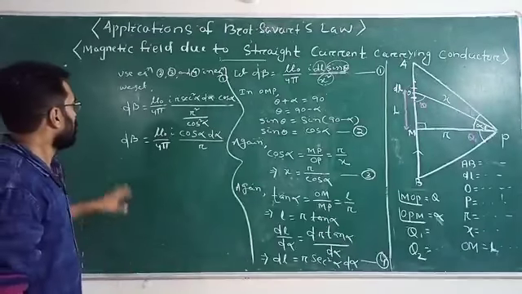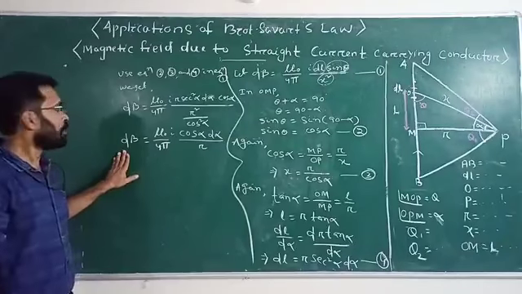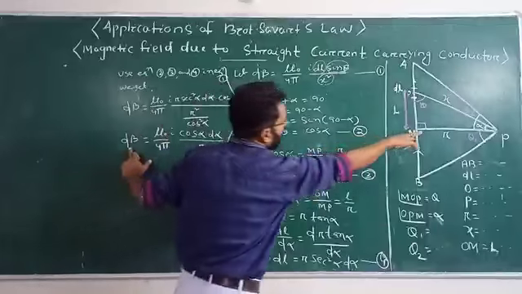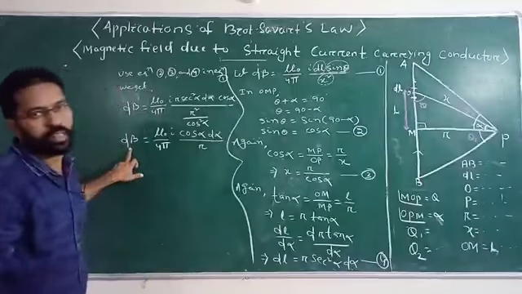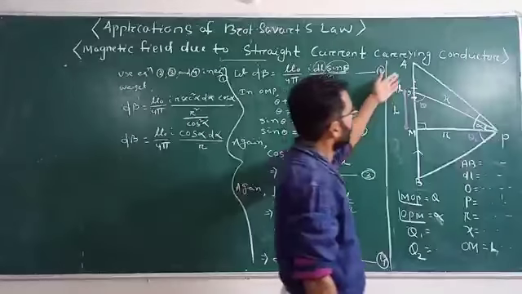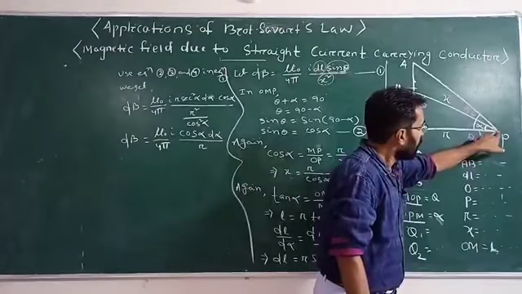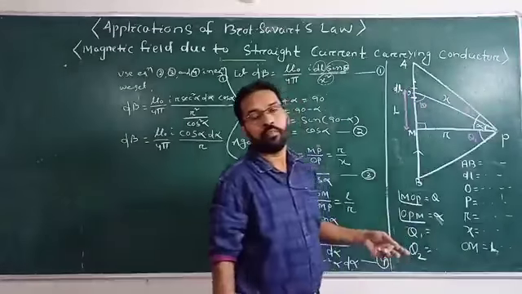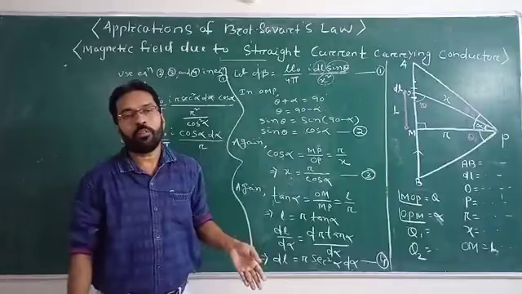Okay, students, this is your magnetic field at point P due to small section dl. How will we get the total magnetic field due to a straight current carrying conductor?